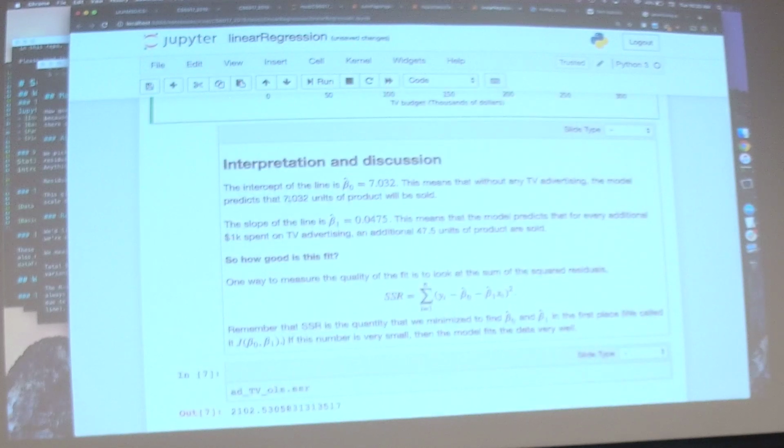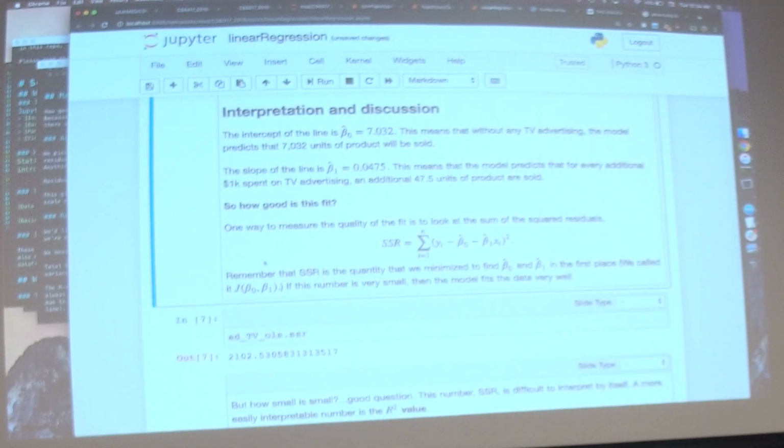So this says that without doing any advertising, we expect to sell 7,000 units, because our coefficient B0, our intercept, was 7. And the slope is basically the ratio of increasing our sales to increasing our TV budget.